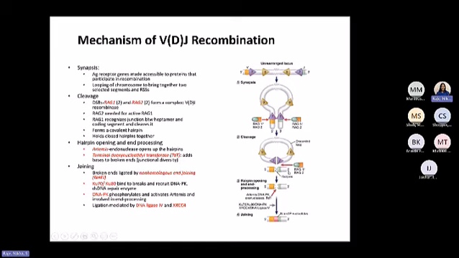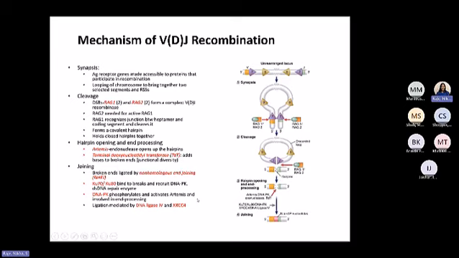Then the Artemis comes along at that hairpin end and opens that hairpin up so that the TdT can add some bases for giving diversity. Once the TdT does its job, there is going to be joining of these two segments using all these proteins and enzymes, including DNA-PK, DNA ligase 4, XRCC4, including Ku70, Ku80 proteins.